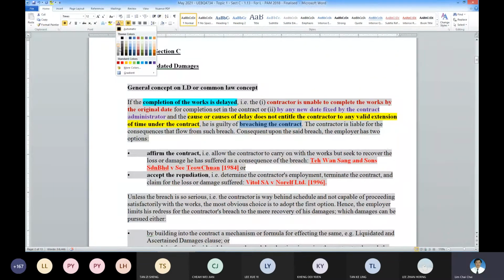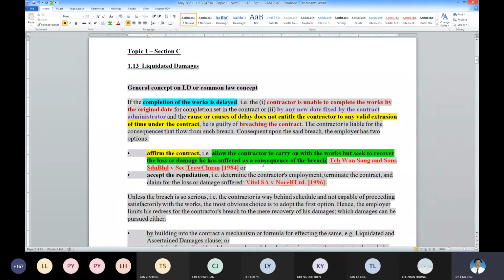Then what options are available to the employer? Under the common law concept or general concept, the employer can continue with the contract. That means affirm the contract and allow the contractor to carry out the work, but recover the money due to that breach.